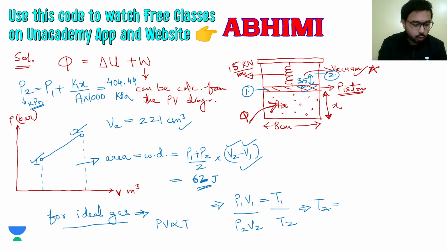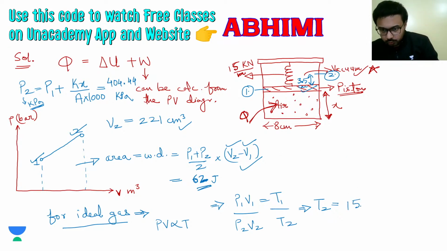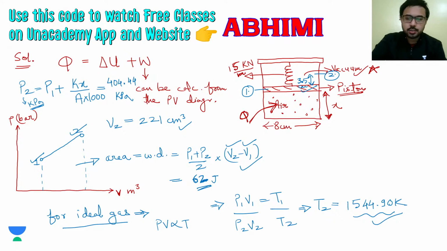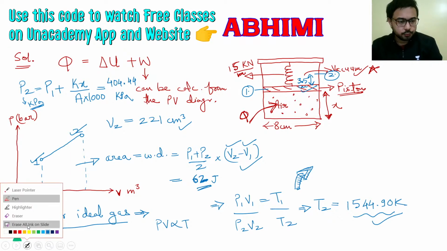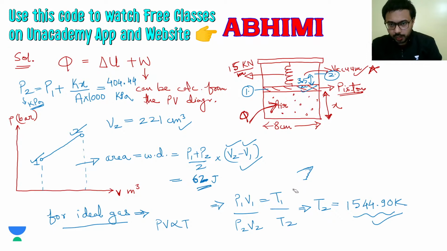So yes, it is coming out quite a big value, but since our calculation is correct, we will not panic by seeing this big value, because I think this is the correct one. It is coming out as 1544.90 kelvins. So what will be the delta U here, that is the change in internal energy? Let's do that here, and let's first of all erase this very bad looking arrow.